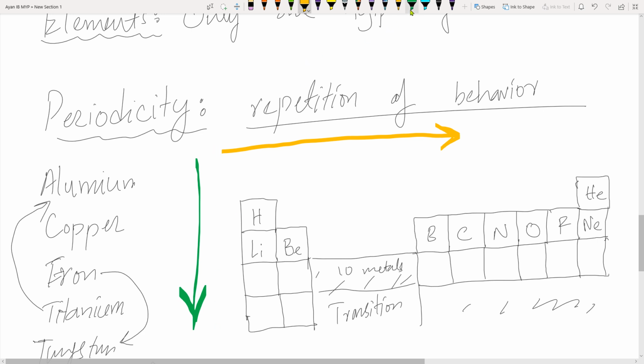Now these are arranged in a manner that, when we talk about the properties and general chemical behavior, because this is the chemistry strand, we're concerned with chemical behavior for now.